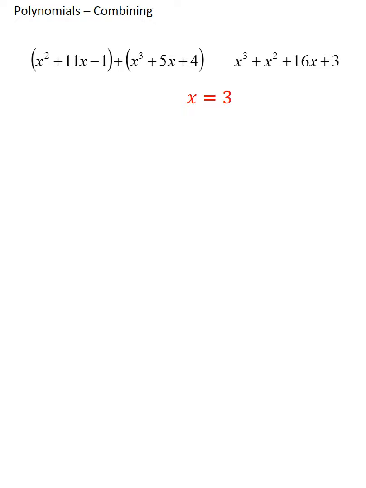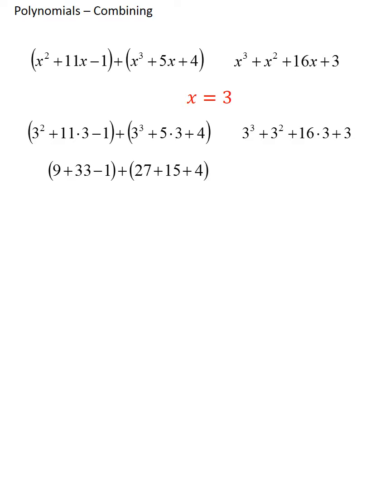By the way, I'm not suggesting you would do this. In a mathematics course, you would not take your problem and answer, your so-called problem and answer, and just plug a random number in them. But I'm doing this as a thought experiment to give you a broader perspective. If in each of these polynomials x were 3, then I could simplify each of these down to a number.